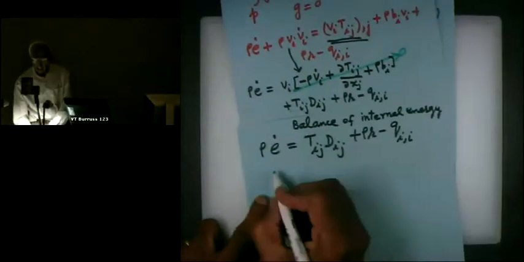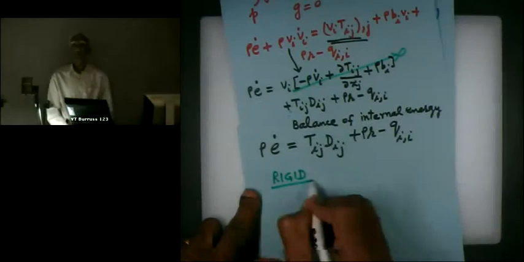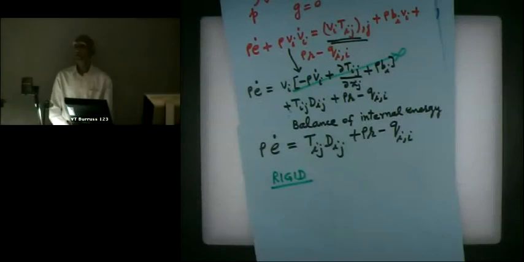Let's assume that the body is rigid. So what is D_ij for a rigid body? What is the strain rate tensor for a rigid body? Can a rigid body deform?